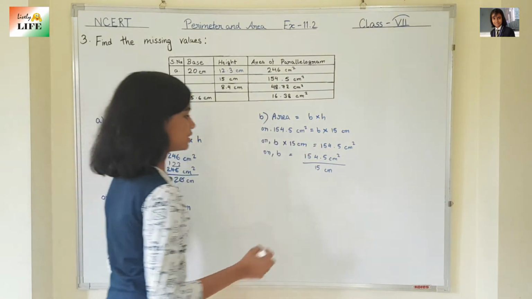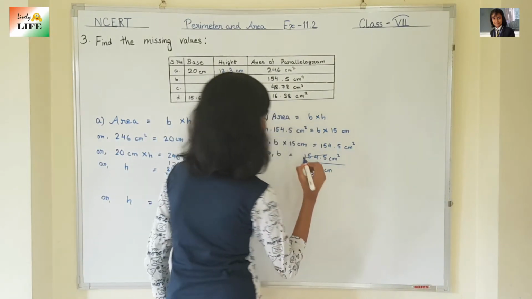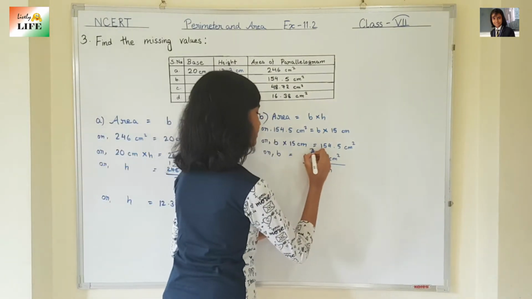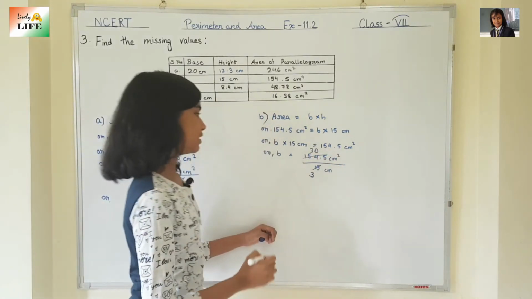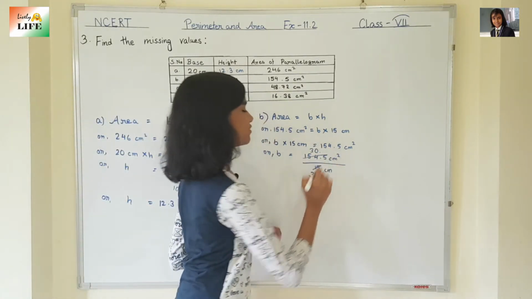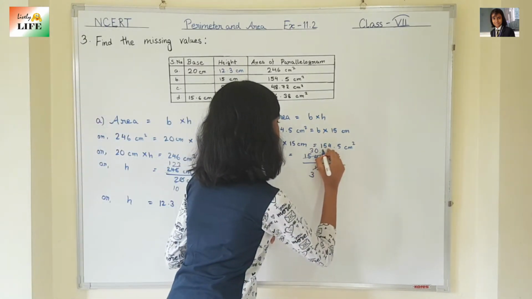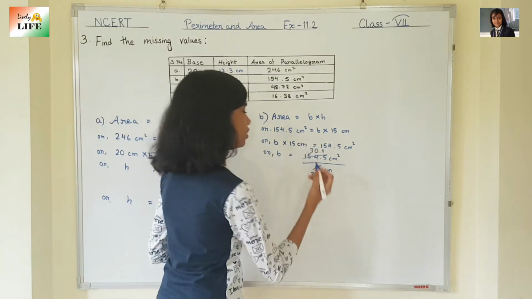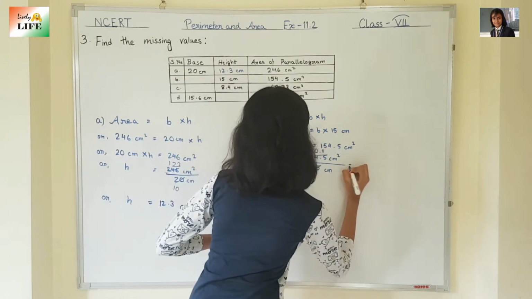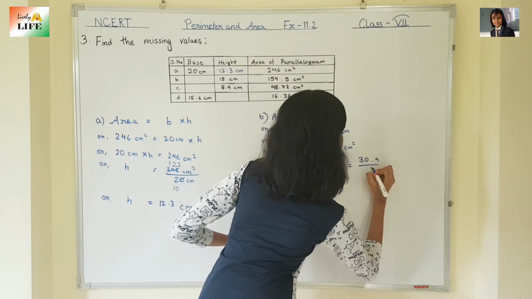Now let's divide it by 5. 5 threes are 15. Here also 5 threes are 15. 4, so it is 0, then point. 45, 5 nines are 45. 30.9 by 3. So again it will go by 3, so let's write it down again, 30.9 by 3.